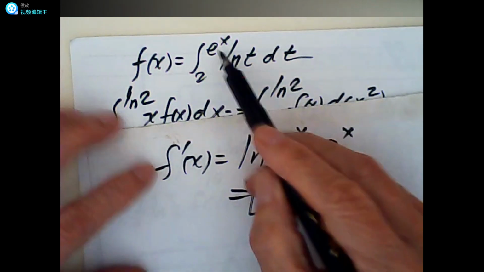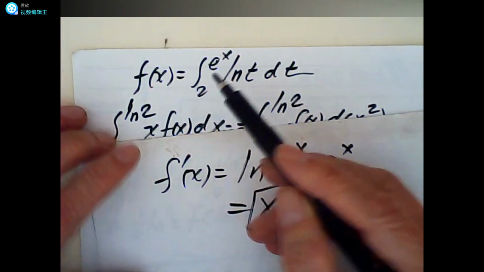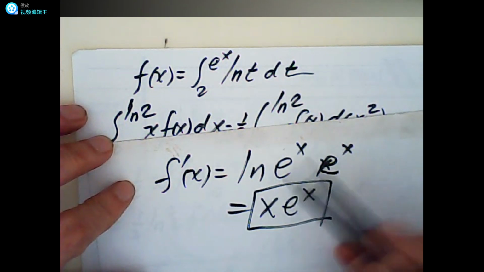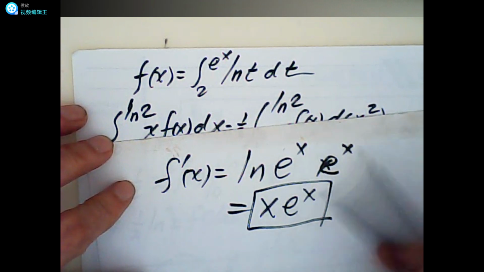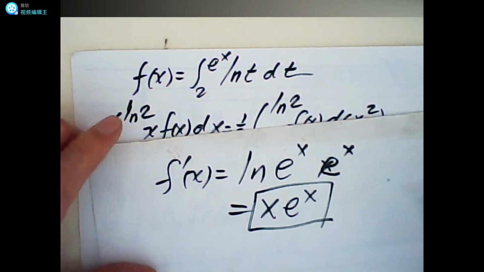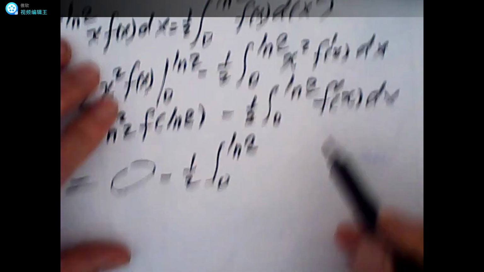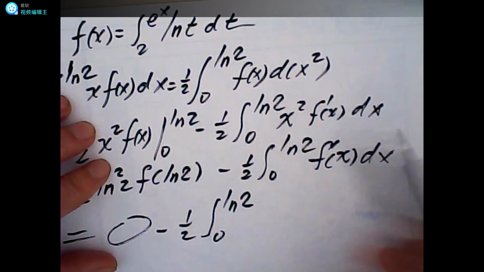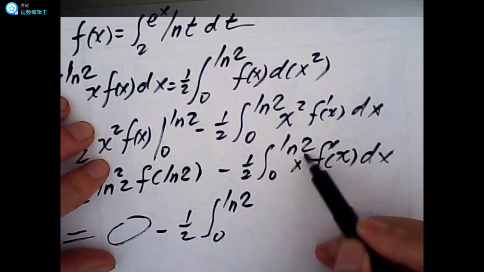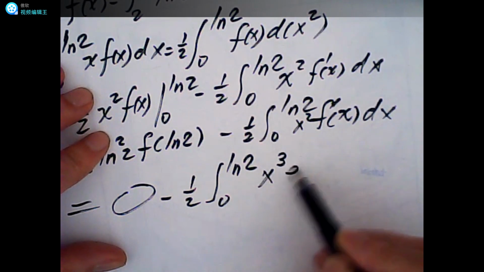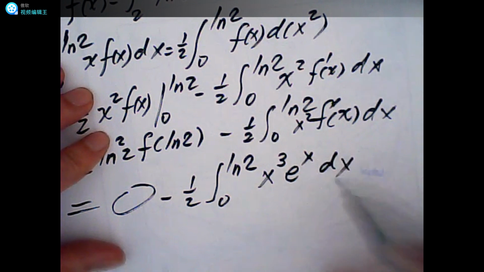See? Because this is not a single x, this is a function. So when you take a derivative, you have to use the chain rule, so we have to take the derivative of e to x, then actually end up with this. So this will be, no, I'm missing x squared here, right? So this will be x cubed and e to the x dx.